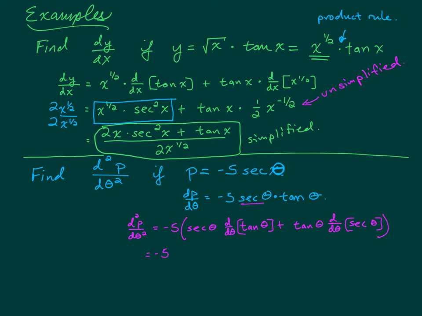So this is -5 times secant theta times the derivative of tangent theta, we can see from up here, is secant squared theta, plus tangent theta plus the derivative of secant theta is secant theta tangent theta.